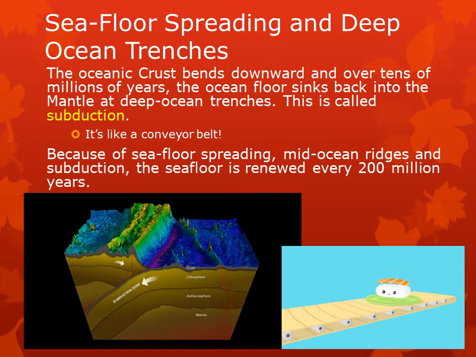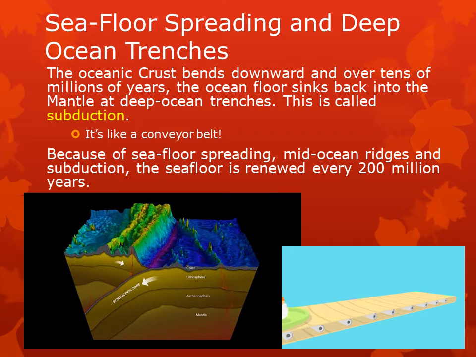All right? I want you to think about it like a conveyor belt, like this little piece of sushi here, okay? So what's happening is the mantle and the crust, they're pushing this new material up. The new piece of sushi comes to the surface, and over millions of years it is pushed outward from the mid-ocean ridges, and eventually it gets sucked and pushed back down into the mantle.